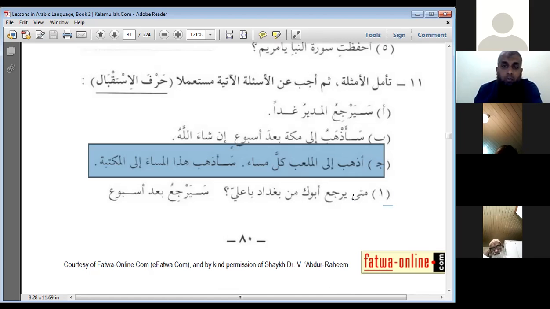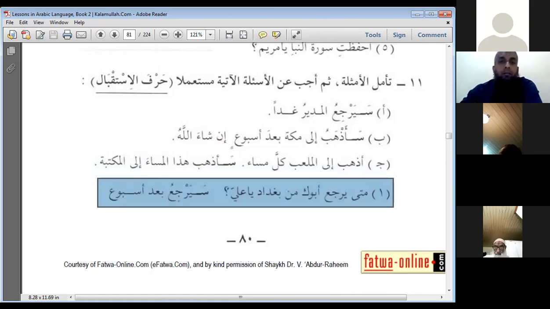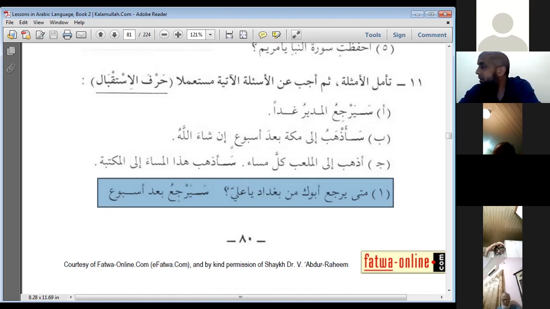Let's see some more examples here. So they ask a question and we have to answer it using the particle for the future, okay, which is the helpful istiqbal, right? In this case, we are using the seen, right? So let's look at this question. Mata yarji'u. So we have the verb raja'a.